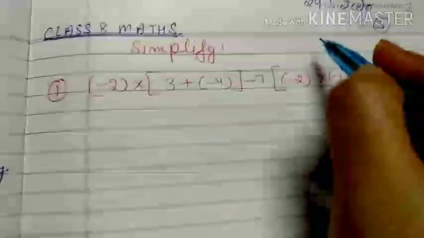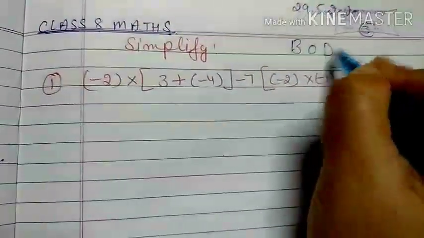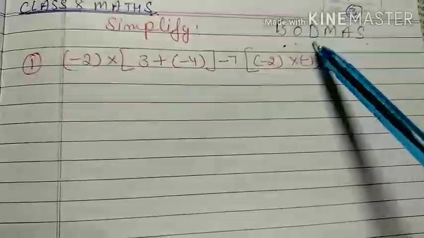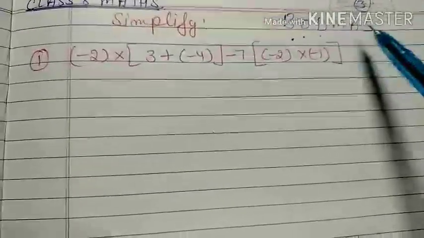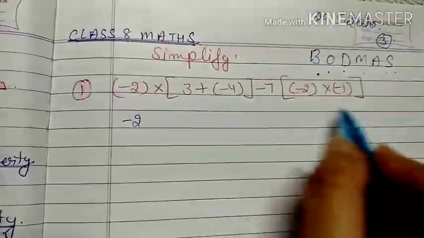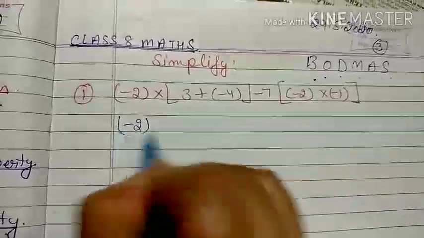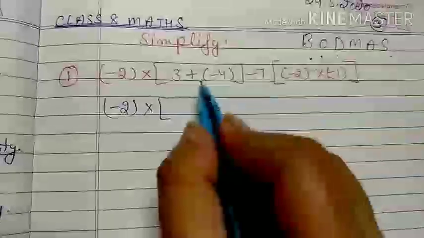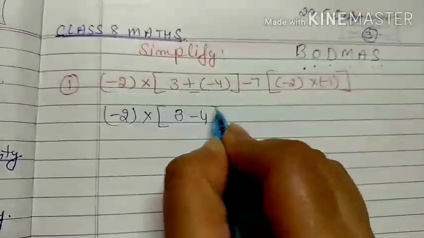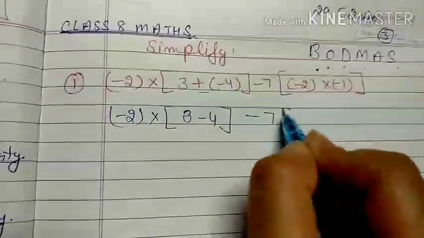Simplification, generally we apply the BODMAS rule. In the BODMAS rule, first you have to solve the bracket, then of, operation, division, multiplication, addition and subtraction. So what will you do here? First, if any opening of bracket is there, I can solve the brackets. Like here, positive and negative sign gives me negative. 3 minus 4 minus 7.